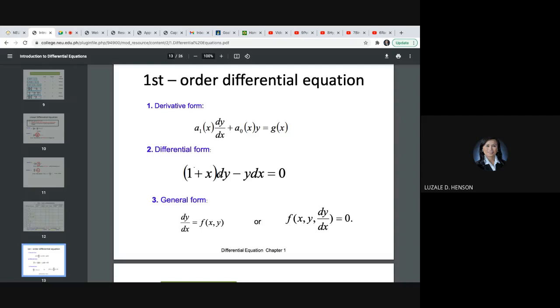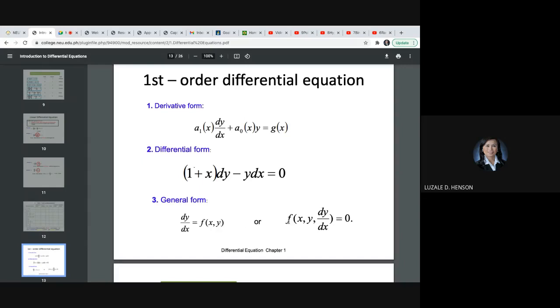So you have a function in terms of dy, or in terms of y minus y dx. So this is the differential form. General form, if it involves this expression where you have f of x and y.